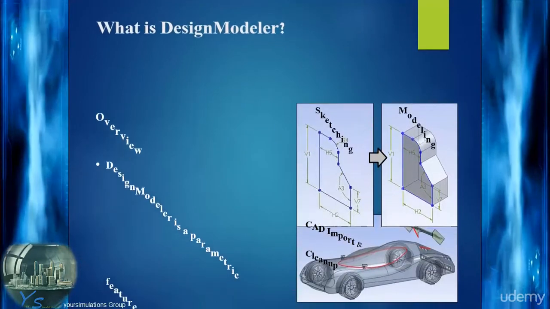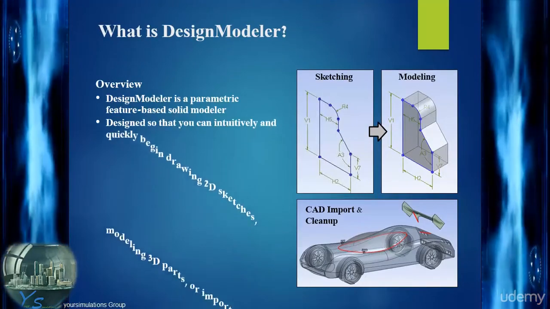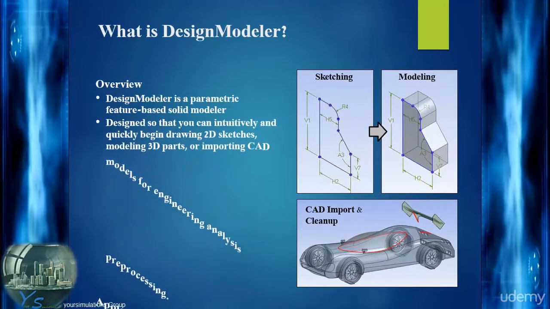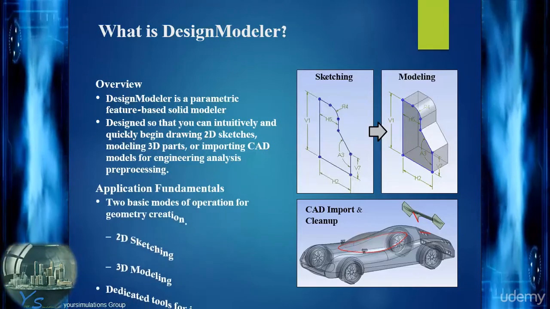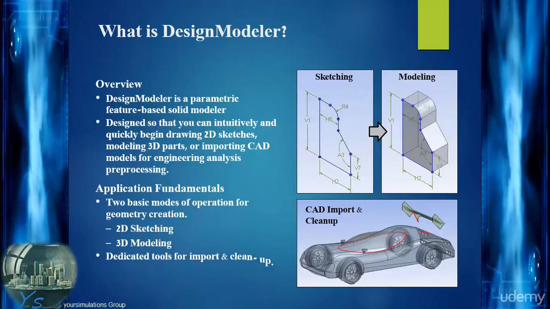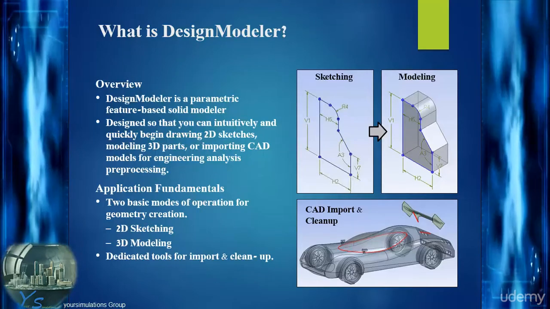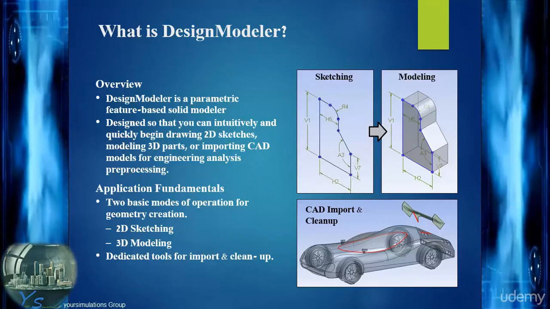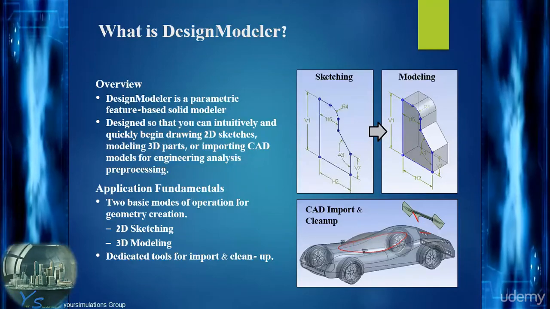Okay, so moving on now to explain a little bit about what Design Modeler actually is. Well, we mentioned it uses the Parasolid kernel because it's based on the Unigraphics toolkit, and it also acts as a parametric solid modeler. We can see an example here on the right of generating a sketch and then moving directly from the sketch to the 3D model.